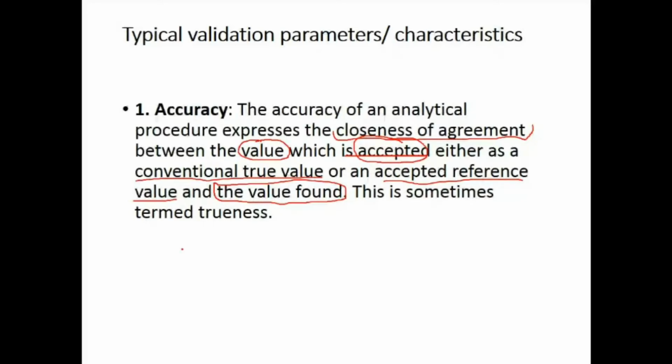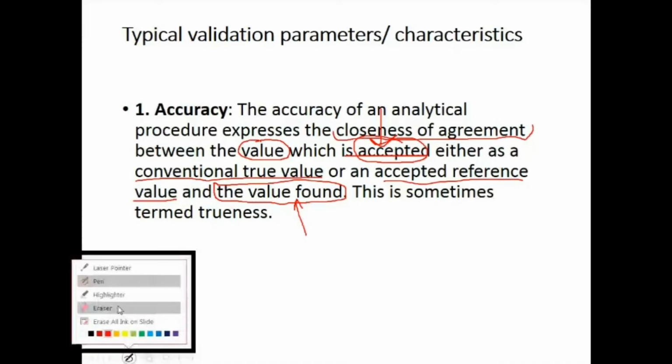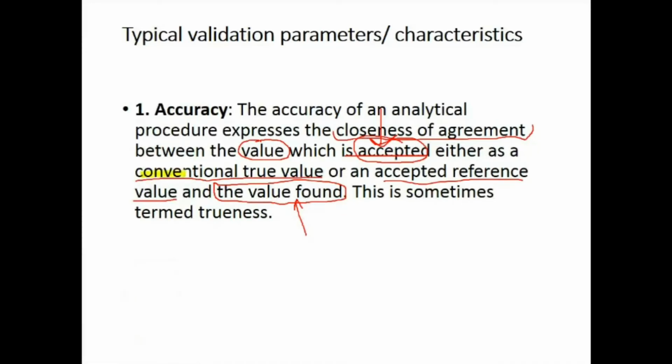When we say agreement, there are 2 or more things which are telling the same thing, then we call they are agreeing. Here there are 2 things which are the values. One value which is found, and the other value that is the accepted value. Now this accepted value can be accepted as a conventional true value. Let's give an example of a conventional true value.